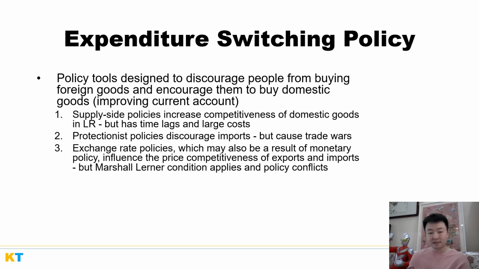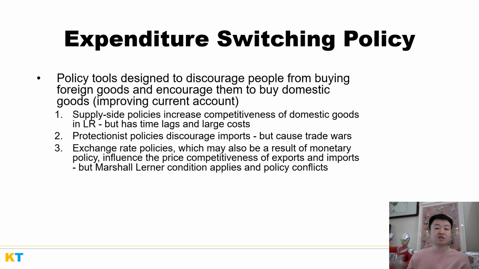It might take a long time before we change the behavior of the population, and they also usually cost a lot. So think something like research and development into electric vehicles. That could cost a decade before anything comes to fruition.